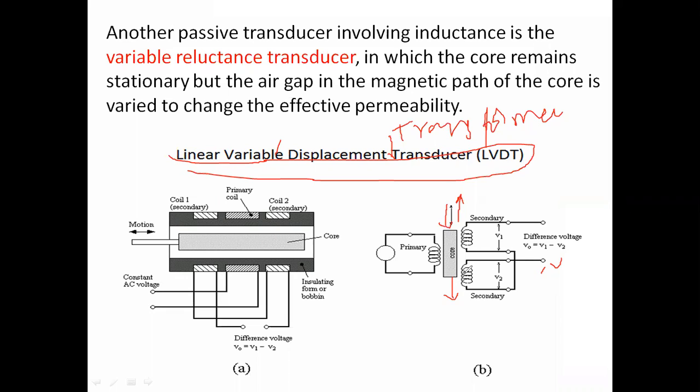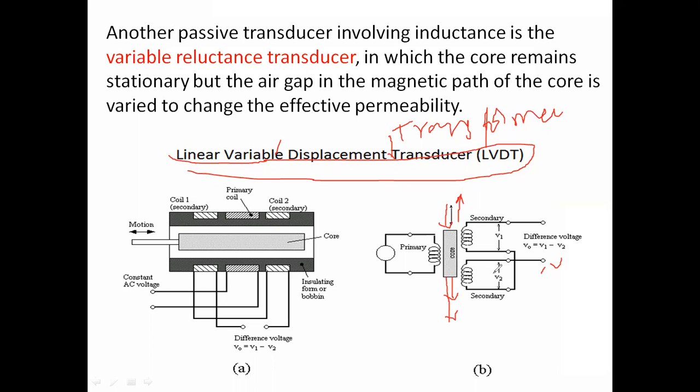Okay, suppose further we are moving the core to the downside. Now in this case the core will be moved totally out of secondary winding 1, so it will fully cover secondary winding 2. In such a situation the flux linkages between the primary winding and secondary winding 2 will be more, and due to that most of the voltage will be generated in V2.